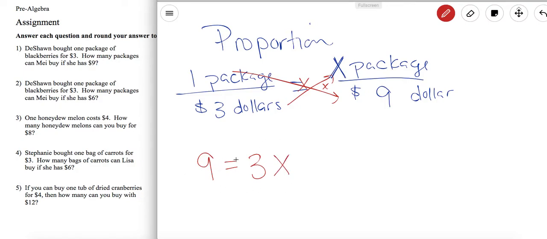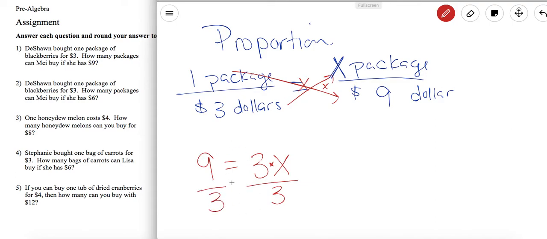Now, how do we get x by itself? How do we find out how many packages can Mai buy? Well, we're going to take our number and divide it by 3. Why are we dividing by 3? Because technically we're doing 3 times x, and we need to do the opposite of multiply, which is division. And we do it to both sides.